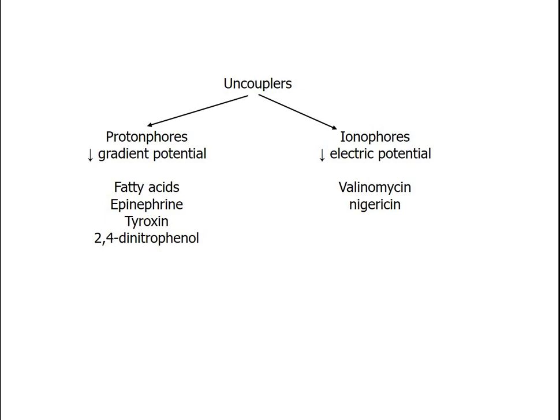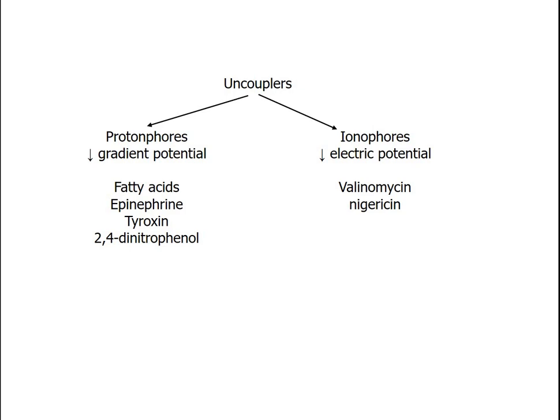Substances that decrease electrical potential are called ionophores. They increase entrance of positively charged particles inside the mitochondrion.